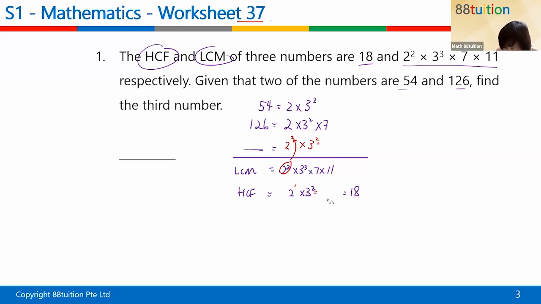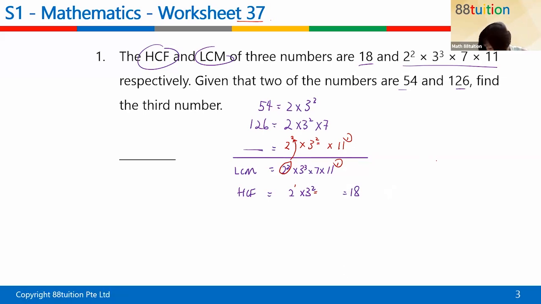Okay, so just to indicate the difference. Then I don't have anything else. I have 7. Yeah, 7 is already here. So I don't have an 11. So I just put the 11 here. Okay.